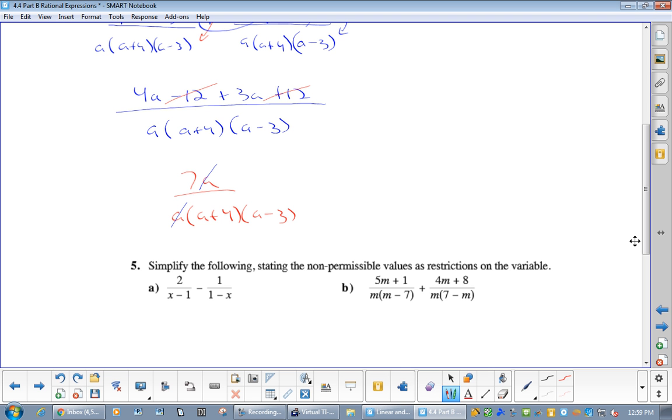Are those multiplying? Yeah, so I can get rid of them. So it would be 7 over a plus 4 times a minus 3. A cannot equal, here can't equal 0. Here it can't equal negative 4. And here 3.